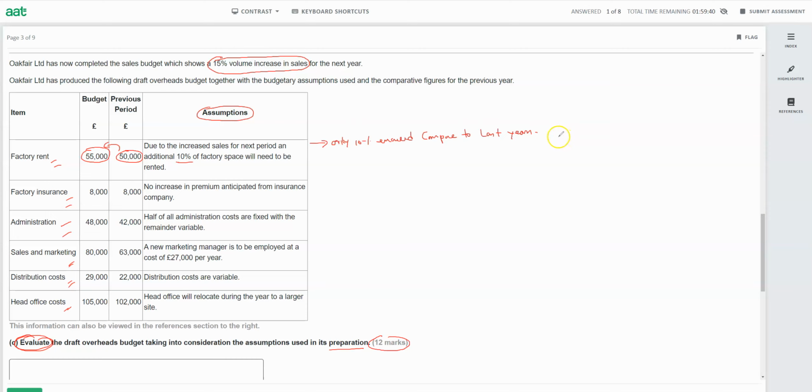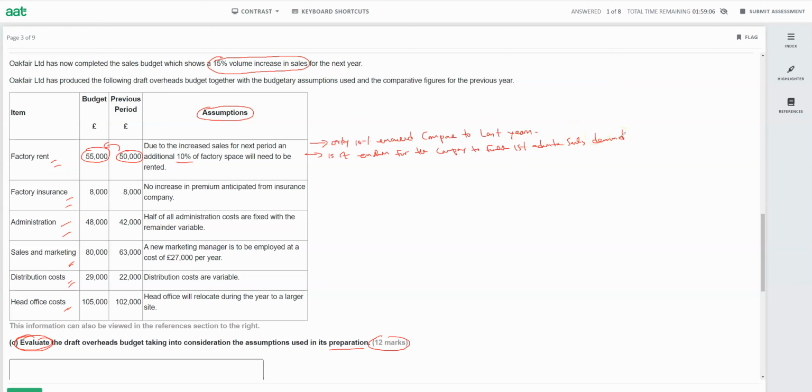Then we want to raise some questions. So we say, is it enough for the company to fulfill 15% additional sales demand?